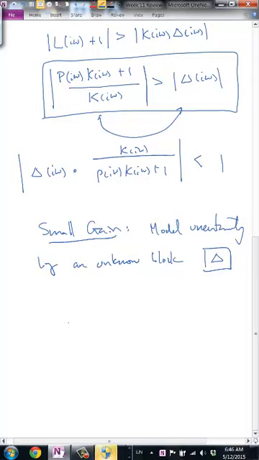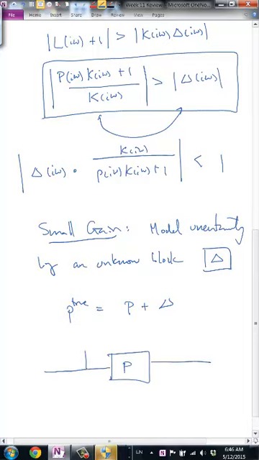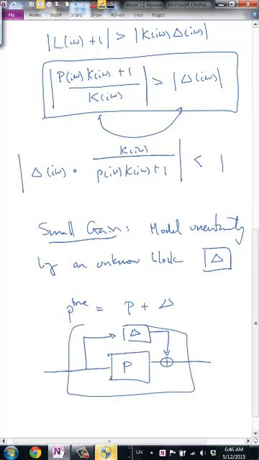For example, in the case above where P true was equal to P plus delta, instead of P, we would model this in this way. And you can see that the effective transfer function from input to output of this particular block is indeed P plus delta.